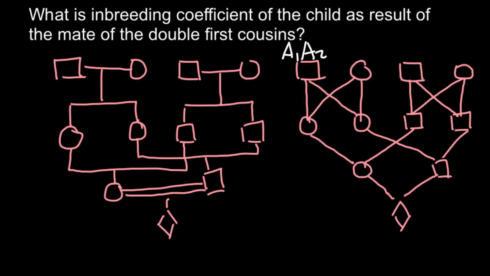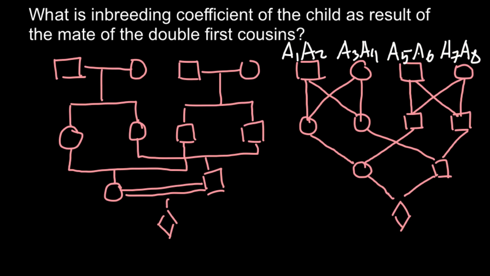This female also would be heterozygous, A3 A4. This male would be heterozygous, A5 A6. And this female would be A7 A8.